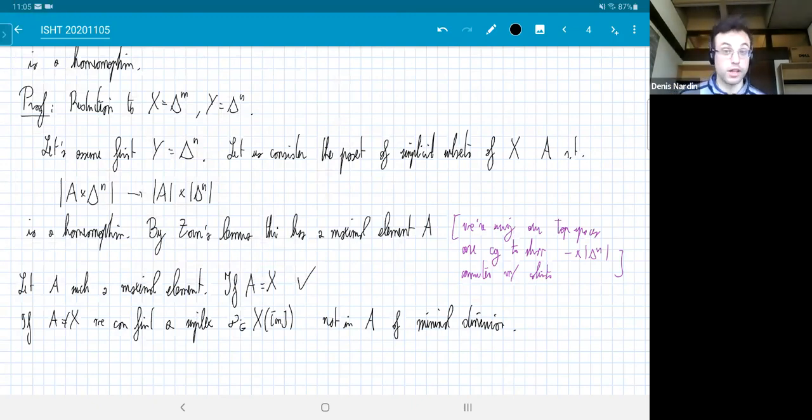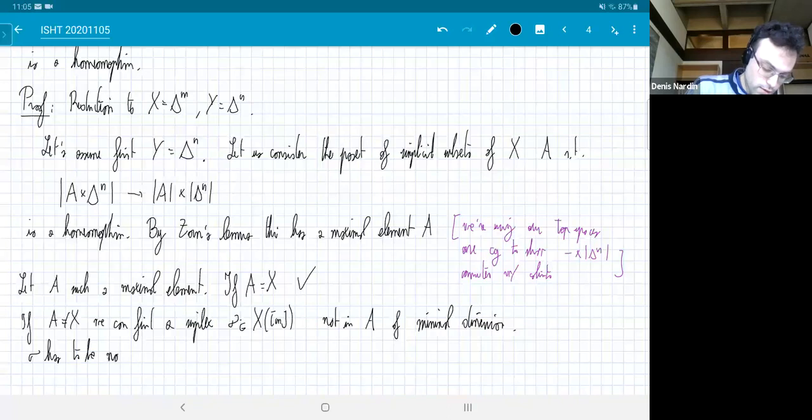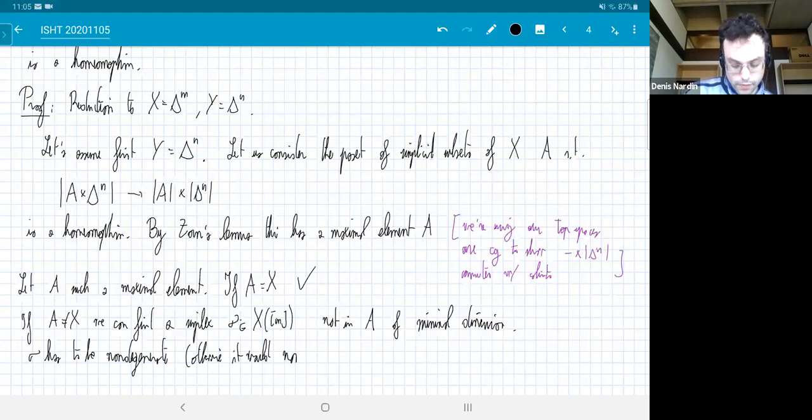And this has to be non-degenerate, because if it were degenerate, it would be the degeneracy of something of smaller dimension. Sigma has to be non-degenerate. Otherwise, it would be in A. It would not be minimal.